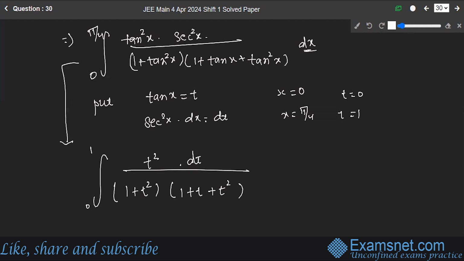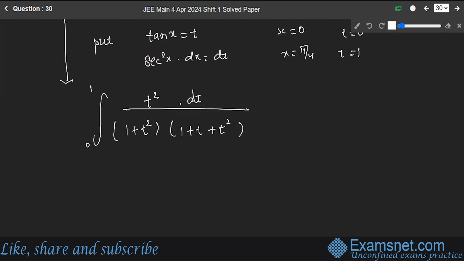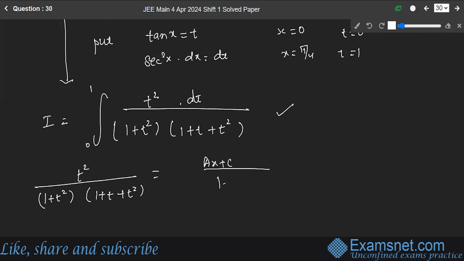Okay, now I'll be solving this fraction by parts. There's a whole different thing to it. Let's keep this as I. Now I'll be solving this thing. Now t square upon 1 plus t square, 1 plus t square can be written as ax plus c upon this plus bx plus t upon this, correct?